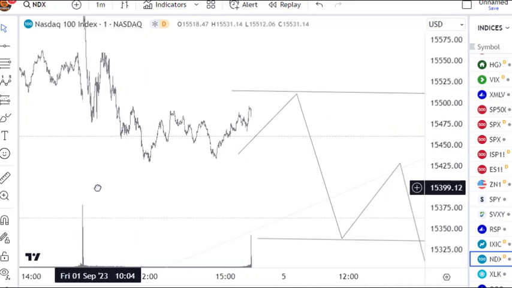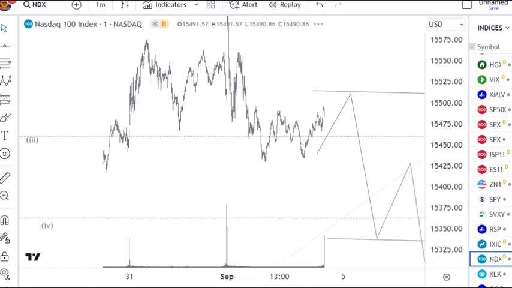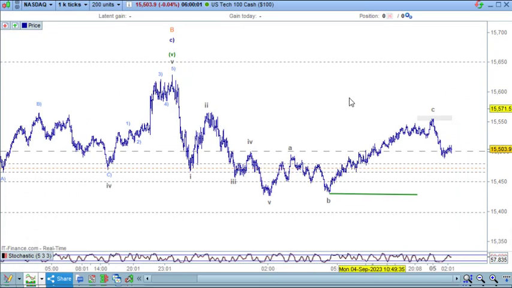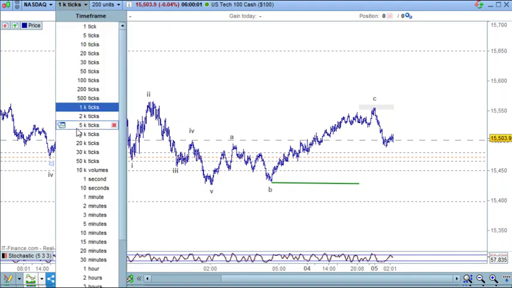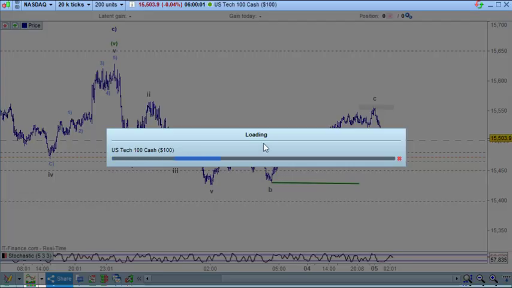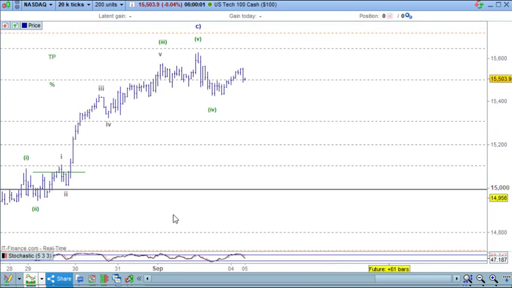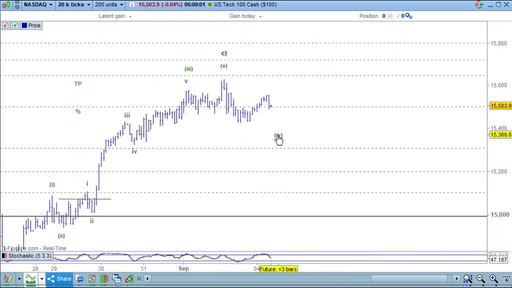So basically, we talked yesterday about, if I just go back here for a moment, and I'll go to the 20K here just to draw things out a little bit and look at the trap here. It's quite possible for this to be an A wave, a B wave, and a C wave here, and then move up at that point. That was one way that we were looking at it.